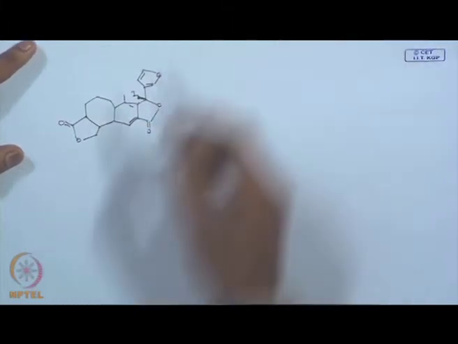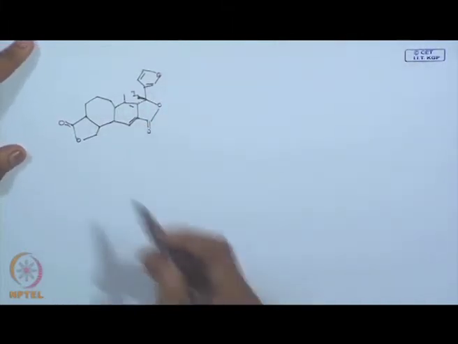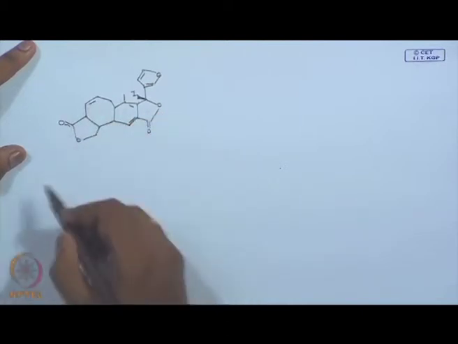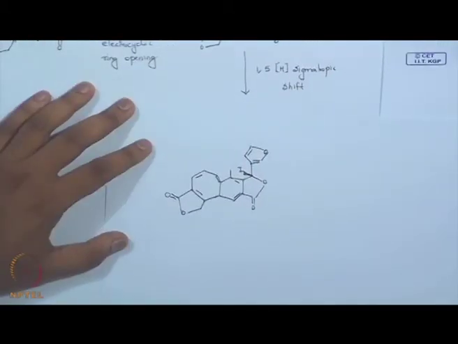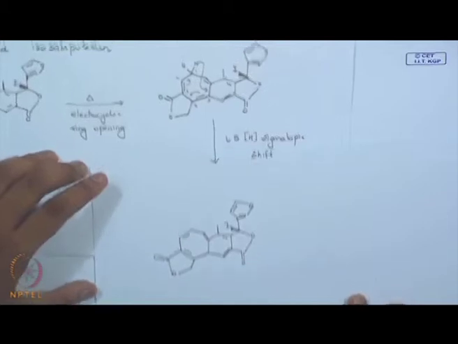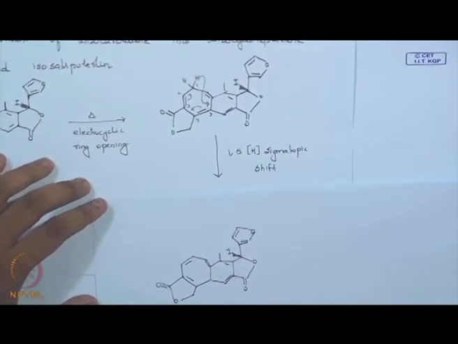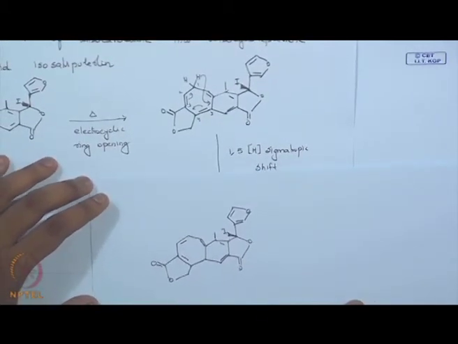Now if you see after the shift what will happen: I have a double bond here, and this double bond is not going to change. So on the 1,5 hydrogen shift, I get this product.